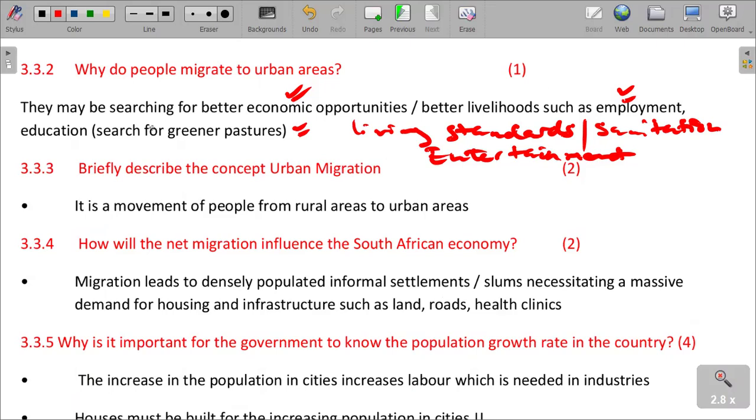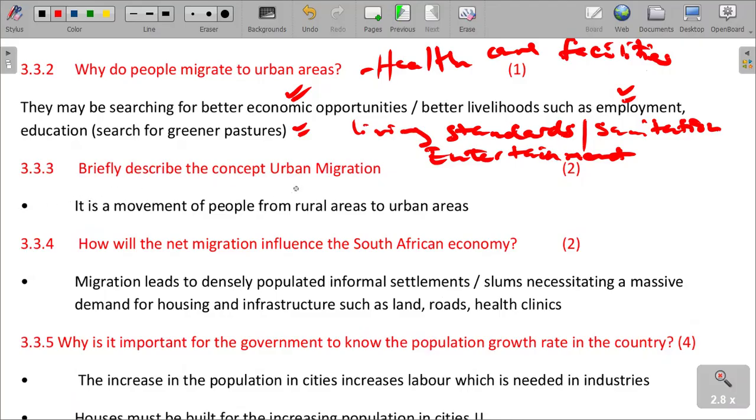So these are quite a lot of various reasons that might arise. We can even talk about the search for better health care facilities, which results in people migrating.